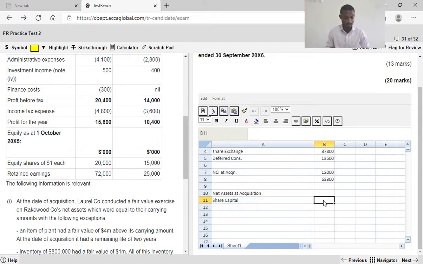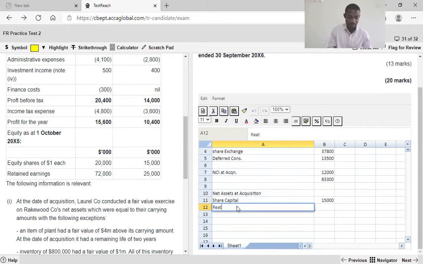So I'll type that 15 million, and then I'll bring the retained earnings. So retained earnings, and please watch how I'm going to account for this. Retained earnings at acquisition. I'll bring a column, and what I'll do is to look at the retained earnings at the start of the year, that is 1st October 20x5.